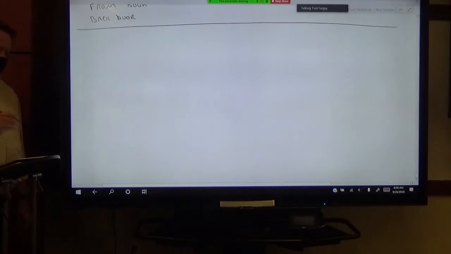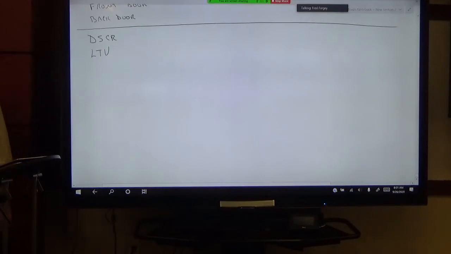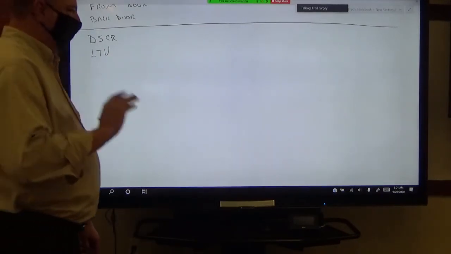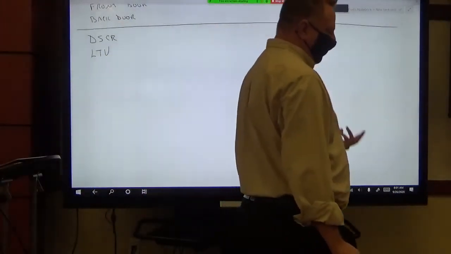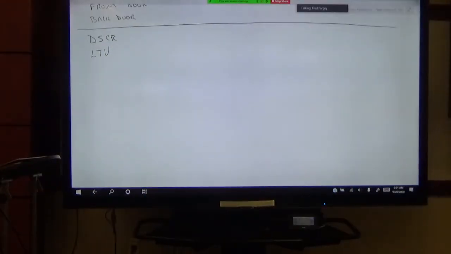So one of the top things that a lender tends to do, and we're going to explore several different items, but one thing they do, they look at debt service coverage ratios and they look at loan to value ratios. Now there are several other things, as I said, that they're going to look at, but these are two of the big ones whenever evaluating whether or not to make a commercial loan: debt service coverage ratio and loan to value ratio.